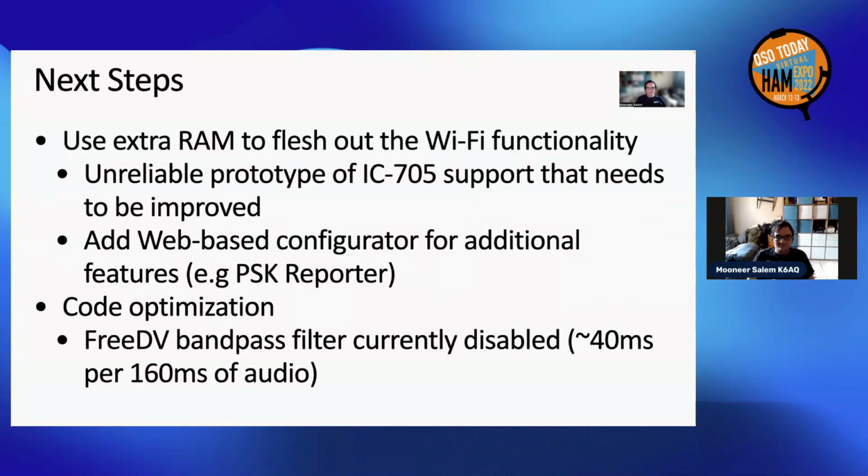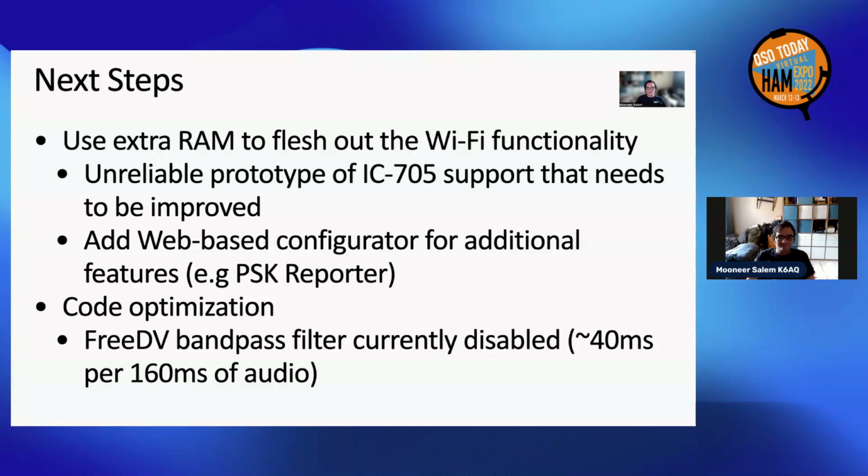So what are some of the next steps? First off, I wanted to use the extra RAM that's in the board that I got to flesh out the Wi-Fi functionality some more. The reason for that is I had prototype code for IC705 wireless support in there, and that did work for 30 seconds before the board basically crashed.